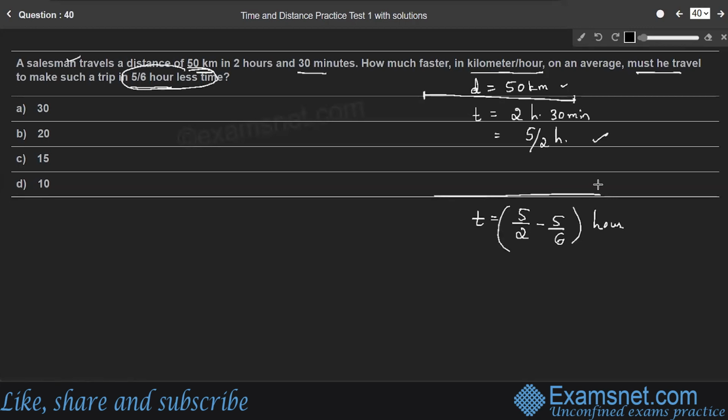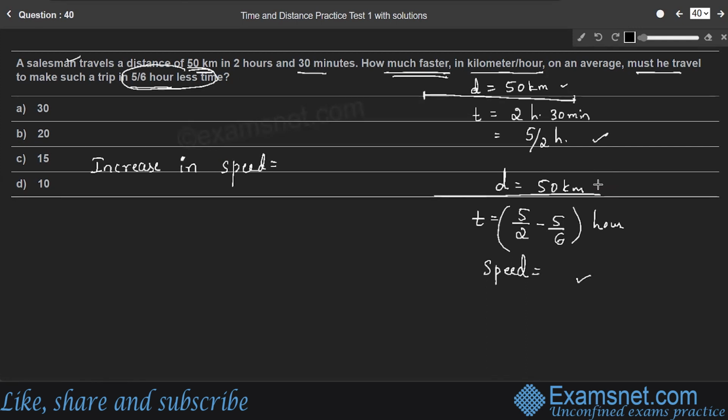So to travel the same distance, 50 kilometer, how much faster means what will be the speed and how much the speed should be increased. Increase in speed we need. To find increase in speed, we need the original speed and the final speed.